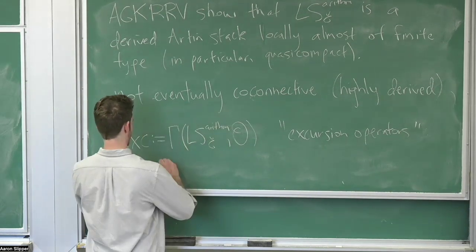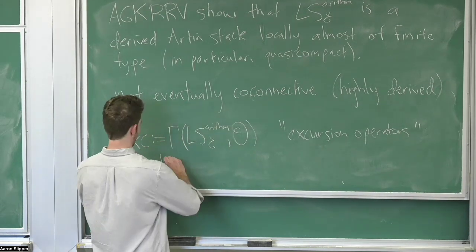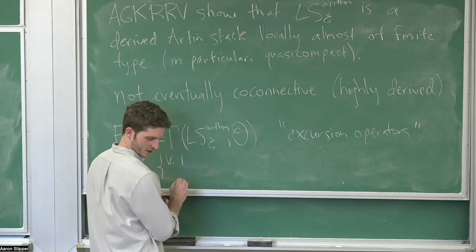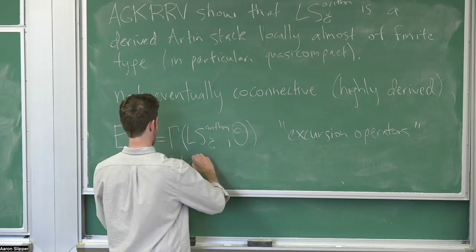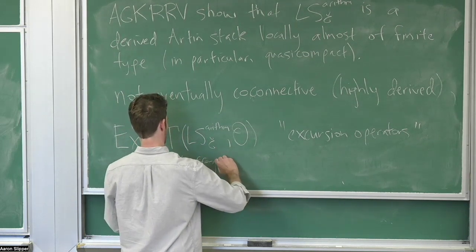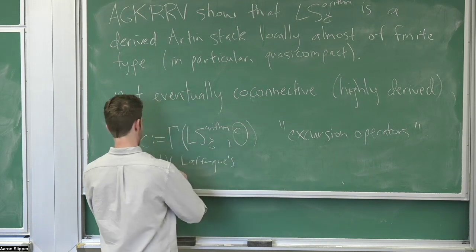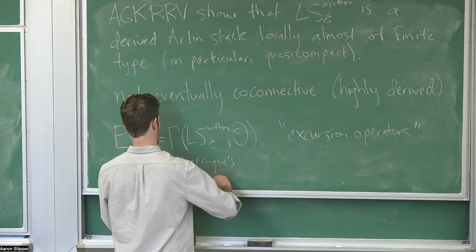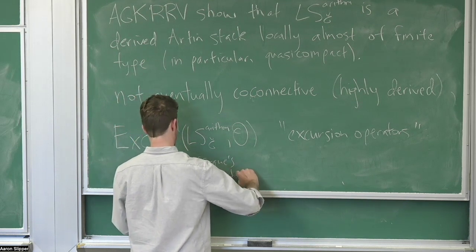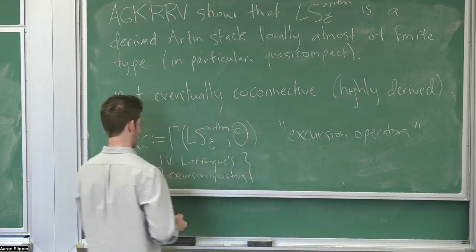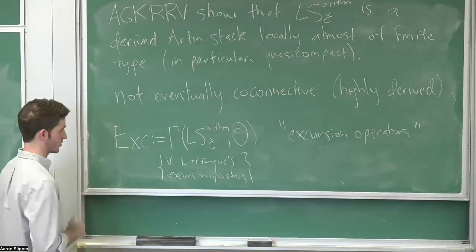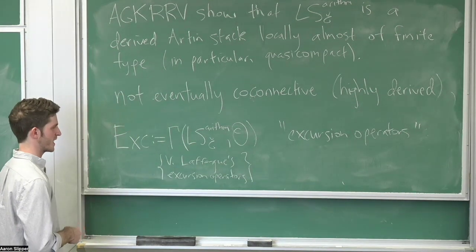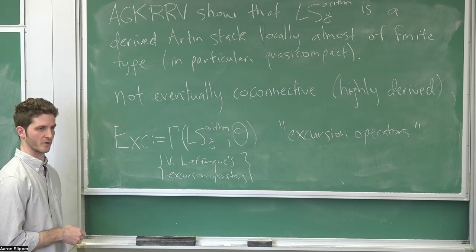And what actually is the relation with Lafforgue's? Well, he defines some classical commutative algebra of excursion operators, and so his sits in the following relation. One way to summarize the difference is, first of all, Lafforgue's excursion operators are not derived. Secondly, they don't take the topology on the neighborhood.